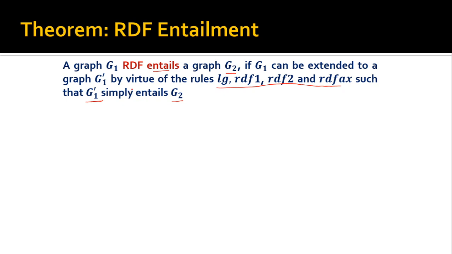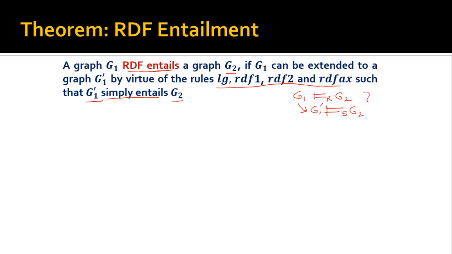So you see that here not only are you looking at RDF entailment, this simple entailment is also coming into the frame, right? We are trying to say that G1 RDF entails G2, and what you are doing here is translating G1 into G1 prime and trying to see whether it simply entails G2.